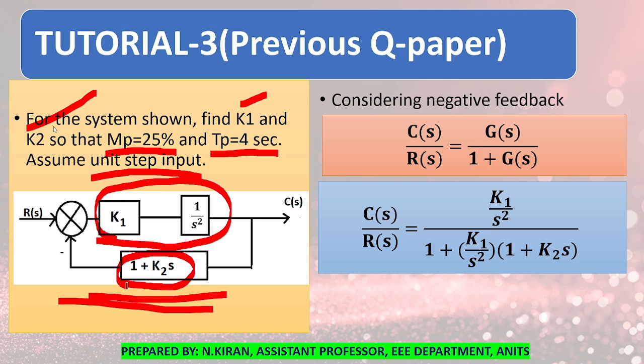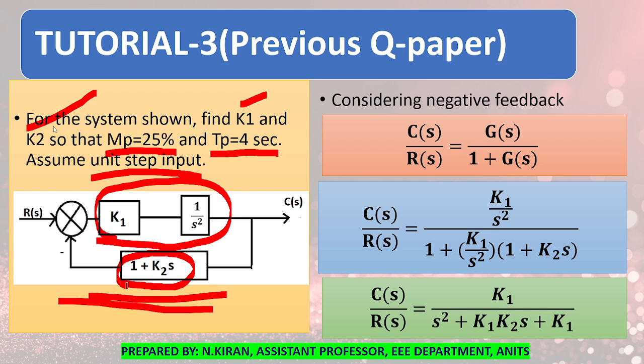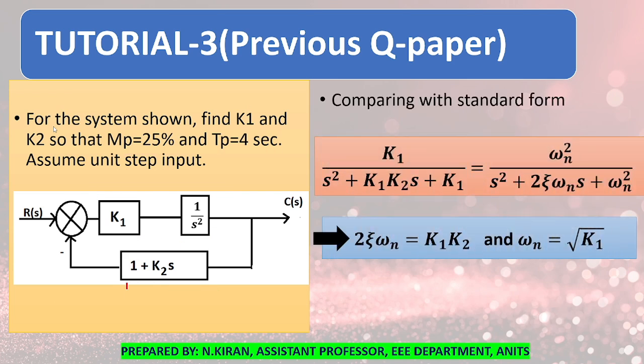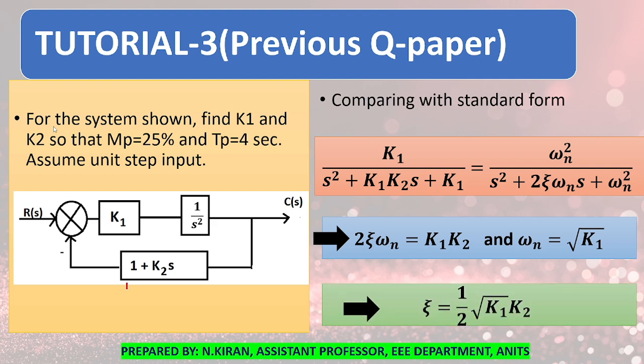Okay, so since the formula is G of s by 1 plus G of s into H of s, that will give me the expression of the closed loop transfer function as K1 by s square plus K1 K2 s plus K1. So comparing this with my standard form, that will give me the relation between K1, K2 and zeta. So omega n is root over K1 and zeta will be 1 by 2 root K1 into K2.